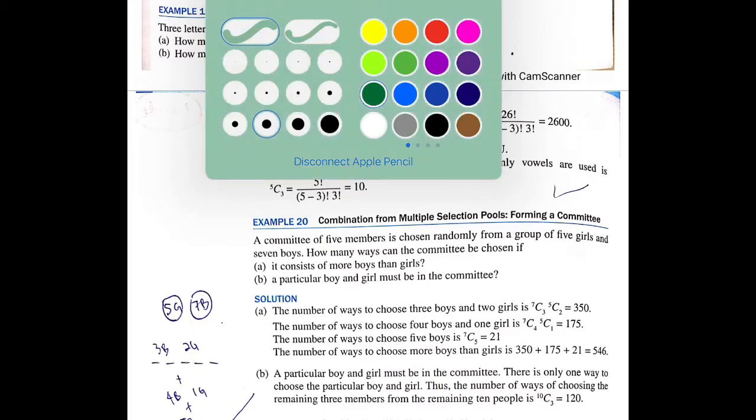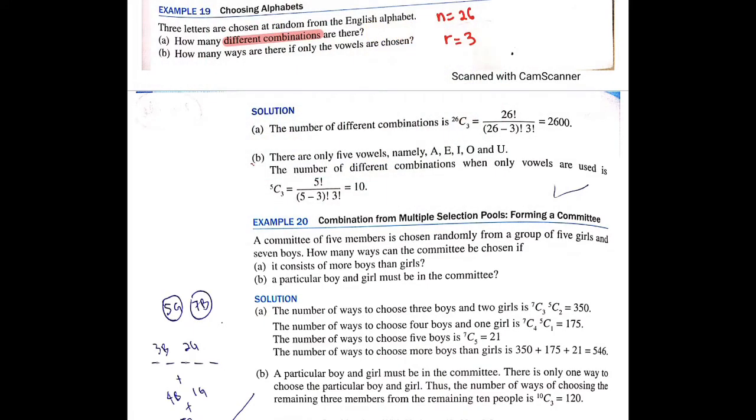Order is not important. From 26, you choose 3, so it is 26C3. This calculation is not important here, so straight away use your calculator. It is 2600.